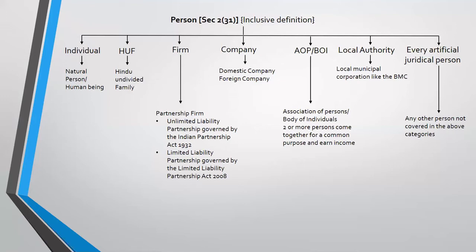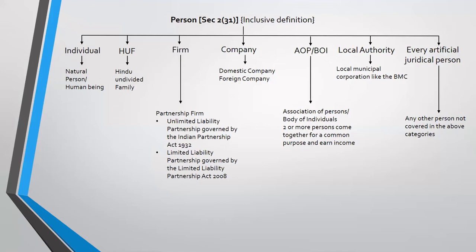Person is defined under section 2(31) of the Income Tax Act. A person includes an individual, HUF, firm, company, AOP, BOI, local authority, and every artificial juridical person.